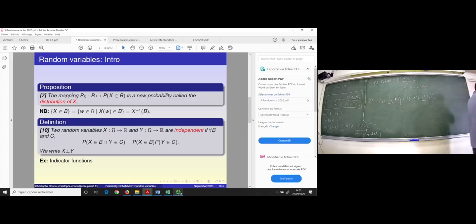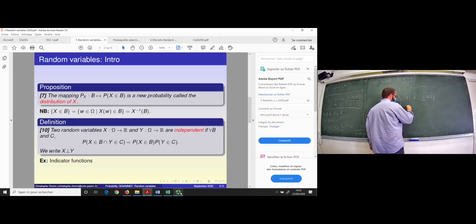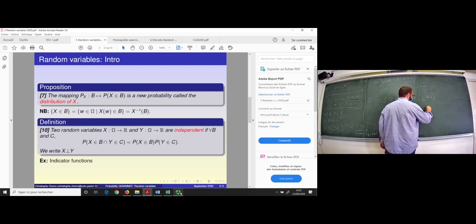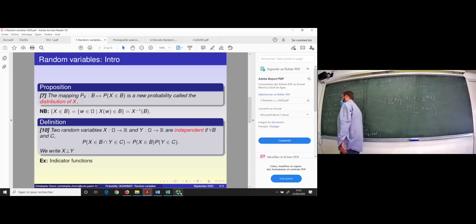Okay? From what I have reminded concerning the pre-image, I have the nice formulas. The pre-image of the union is equal to the union of the pre-images. Pre-image of the union is equal to the union of the pre-images. So I can write the thing this way. P of this one. And now I have to conclude.